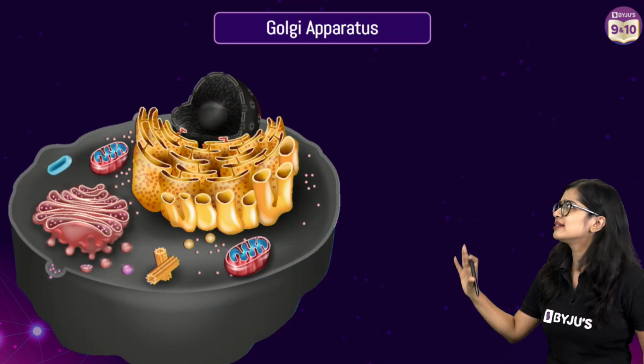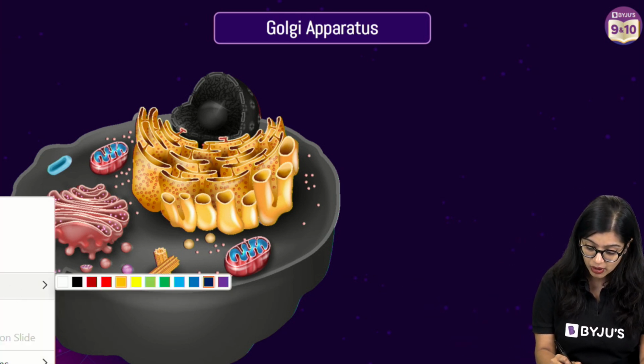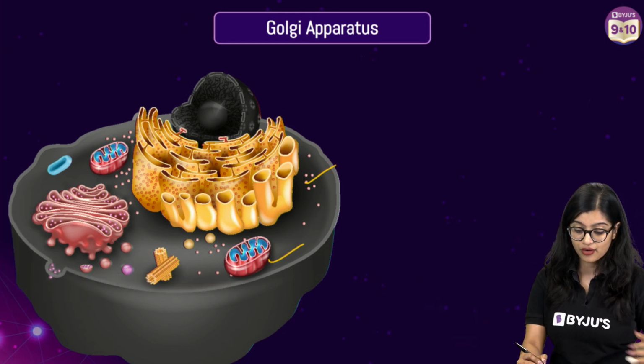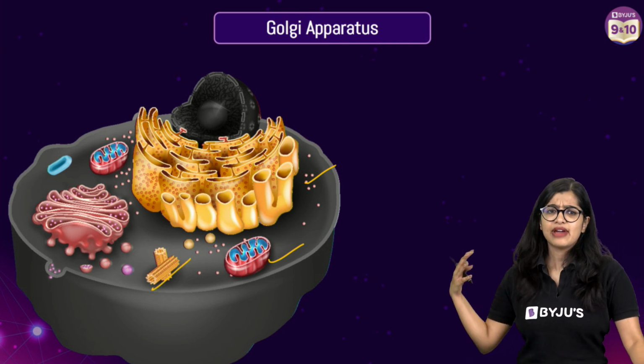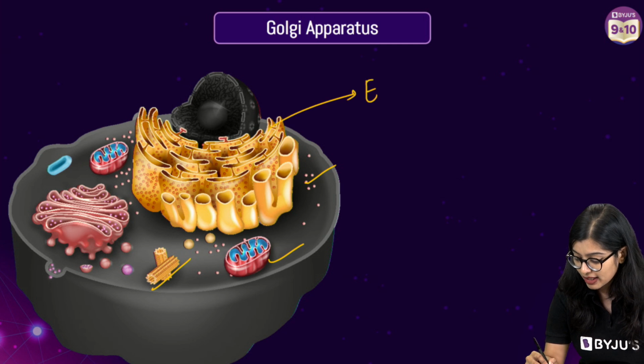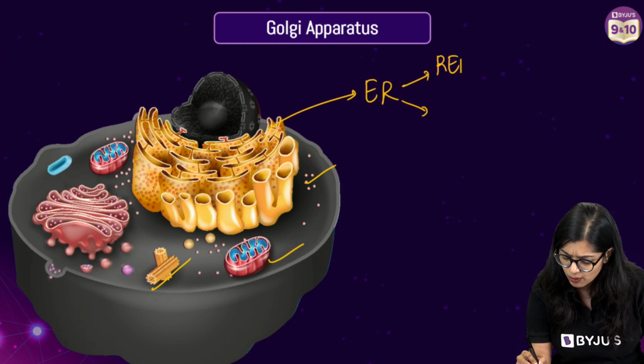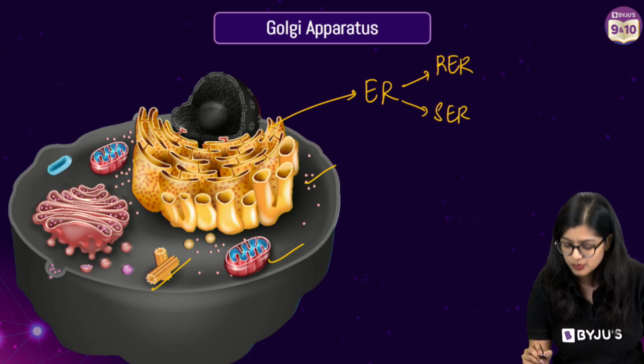Now, we know that inside the cell we find various different cell organelles like the endoplasmic reticulum, the Golgi apparatus, the mitochondria, ribosomes, centrioles, and various other cell organelles. And we know that the endoplasmic reticulum has two kinds, rough endoplasmic reticulum and smooth endoplasmic reticulum.